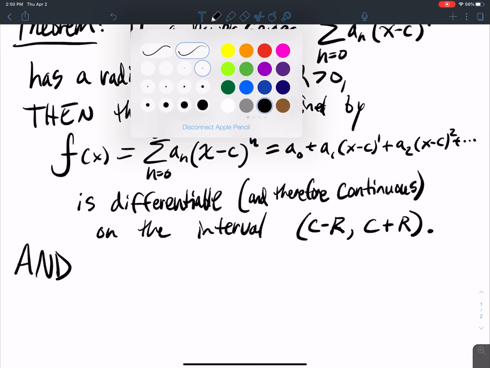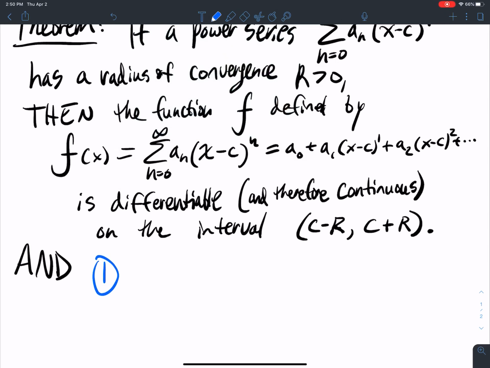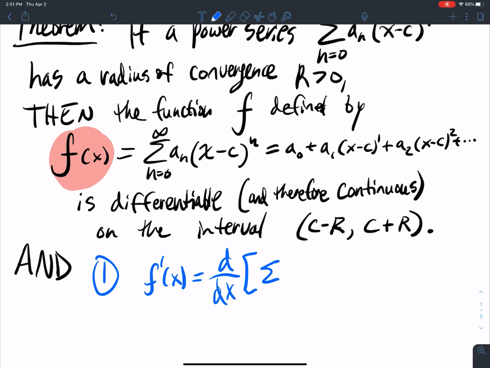So two things. Number one, f prime of x, so the derivative of this function is the derivative of the series. Didn't realize a couple months ago you'd be taking derivatives of series, huh?